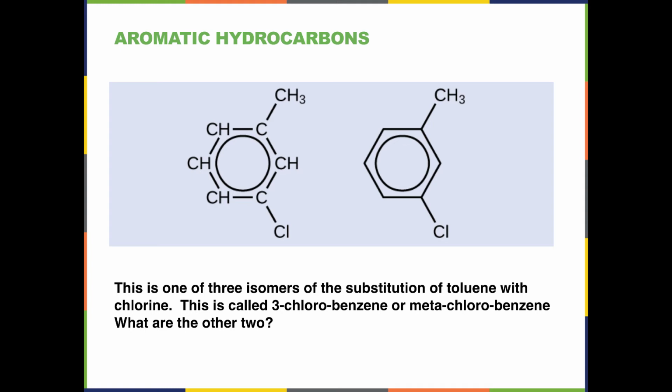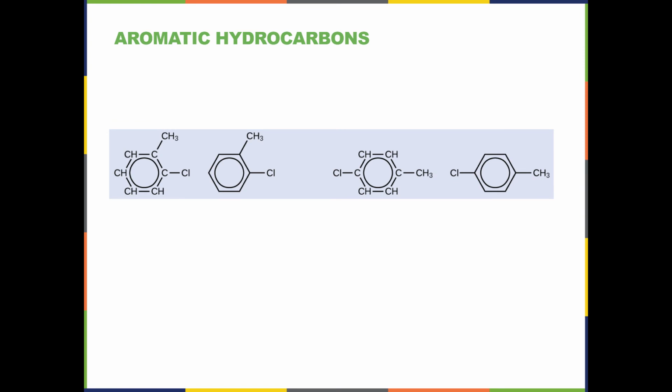The other 2 can be, you can move the chlorine toward the CH3 so that they're right next to each other, or you can move the chlorine away so they're opposite each other. And those are shown here. On the left you have the chlorine right next to, and on the right you have them opposite each other, and they each have a different name.